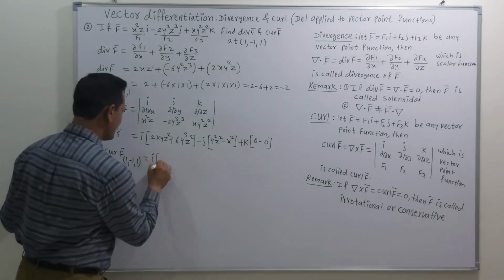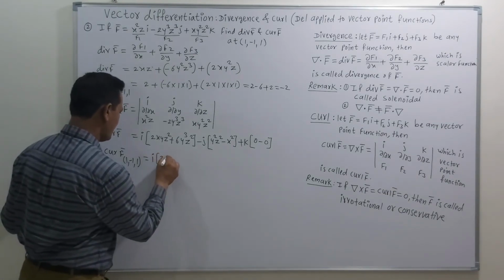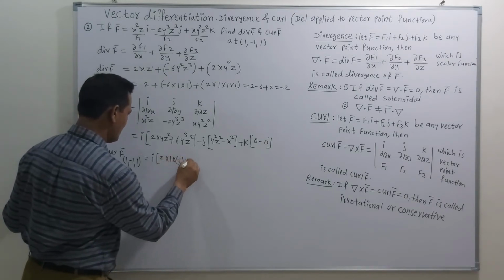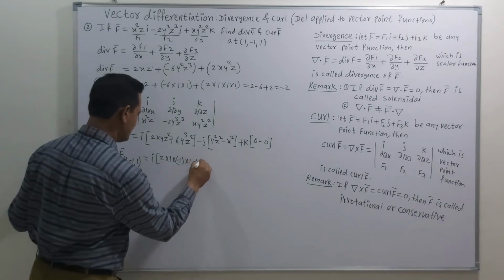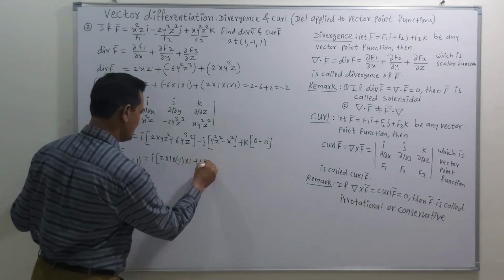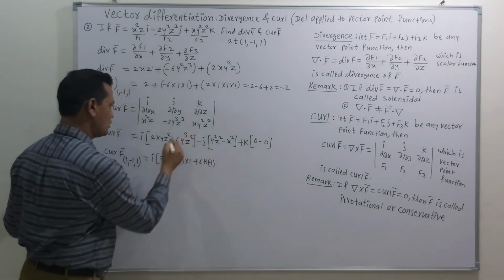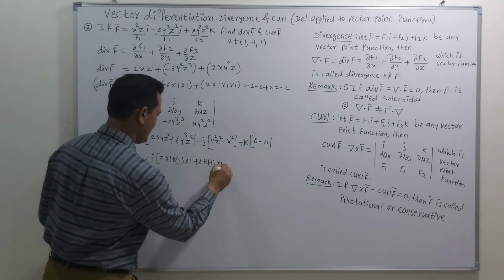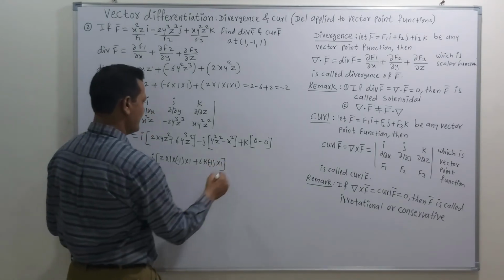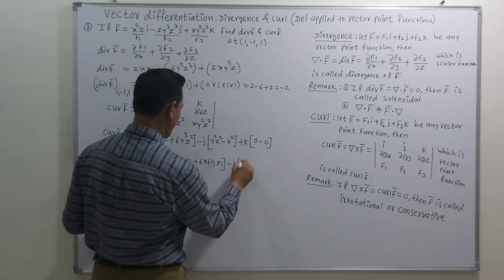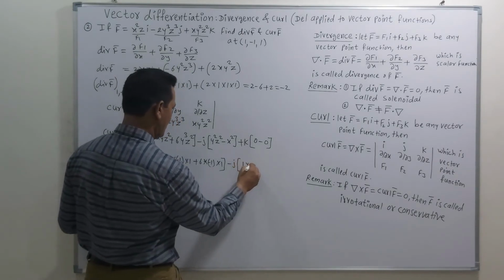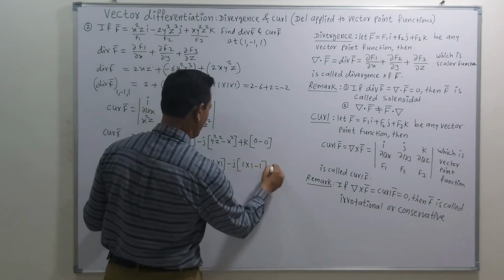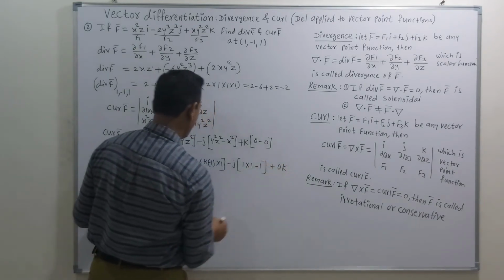We get i times 2 into 1 into -1 into 1 plus 6 into -1, because y cube is -1, and z square is 1. Then minus j times y square, that means 1, into z square is 1, minus x square is 1, so plus 0 k.